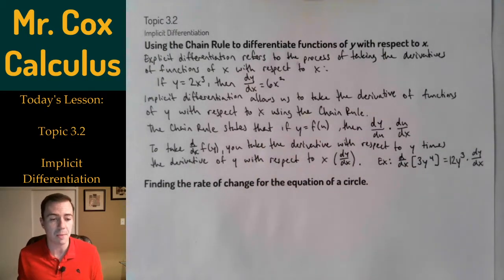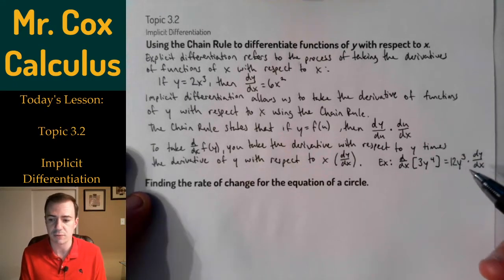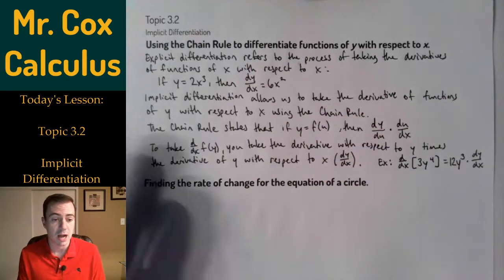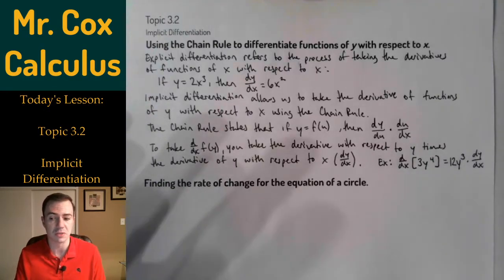It's a little bit more complicated because we're not given functions explicitly stated in terms of x, but this idea of implicit differentiation is going to allow us to find dy dx the same way we did here, but with functions that are expressed in terms of x and y.